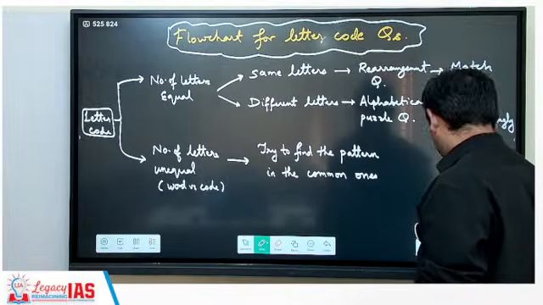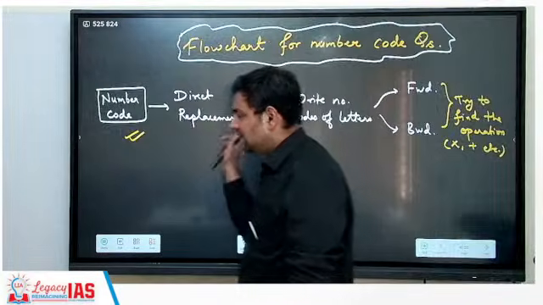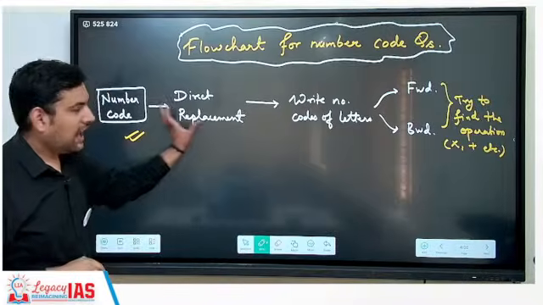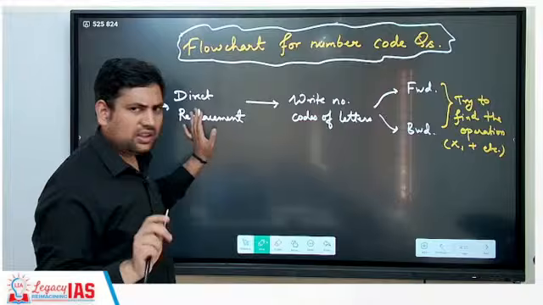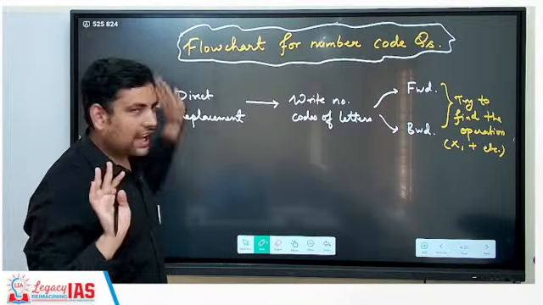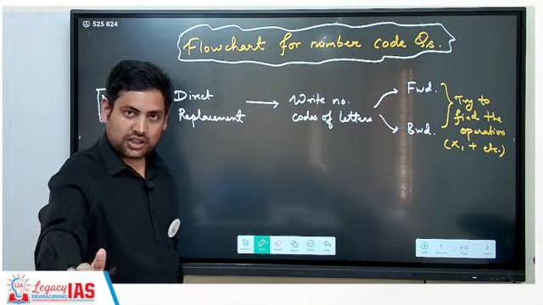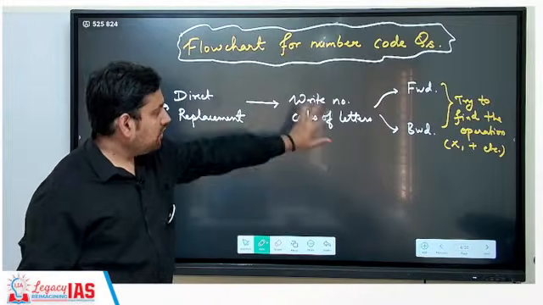Then the first thing that we always try is direct replacement. Can I make the word which is being asked using the words that are given? First try is always direct replacement. If that does not work, now you come to this part.